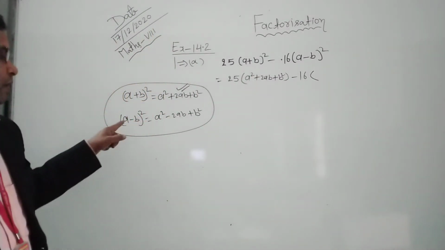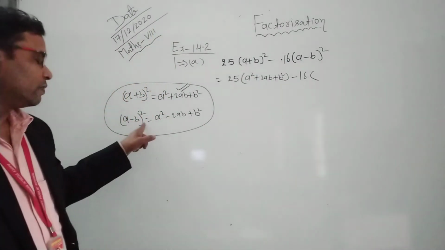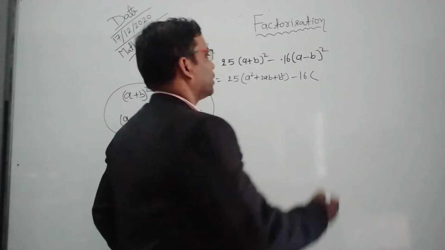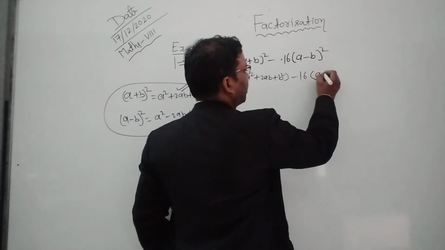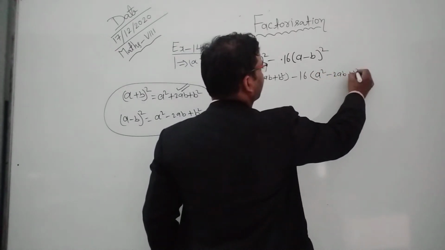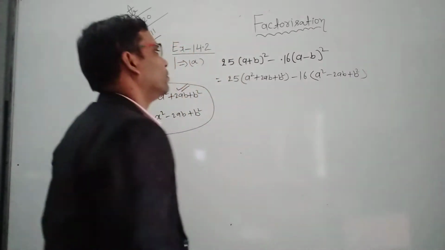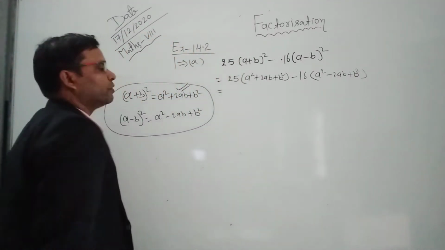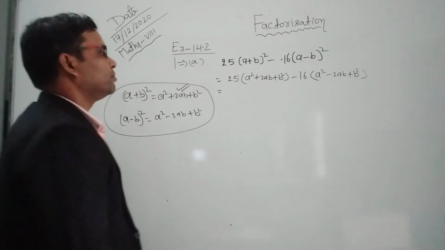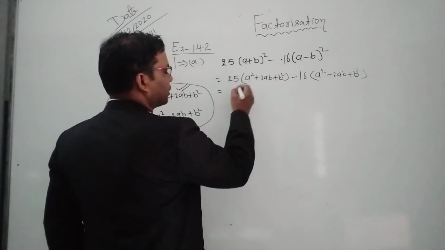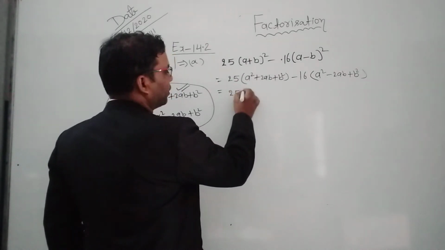You can see here whole square of a minus b equal to what? A square minus 2ab plus b square. So here you can write a square minus 2ab plus b square. Okay. So here you can see, if you open this bracket, you get 25 here.